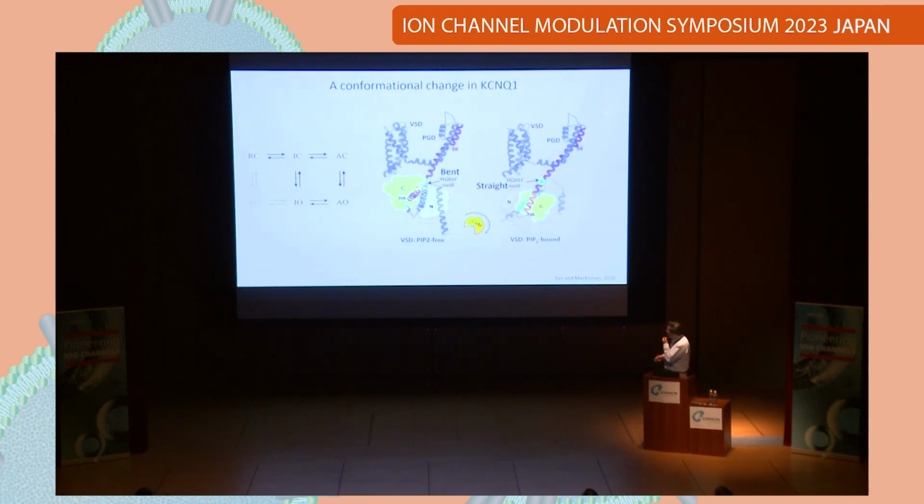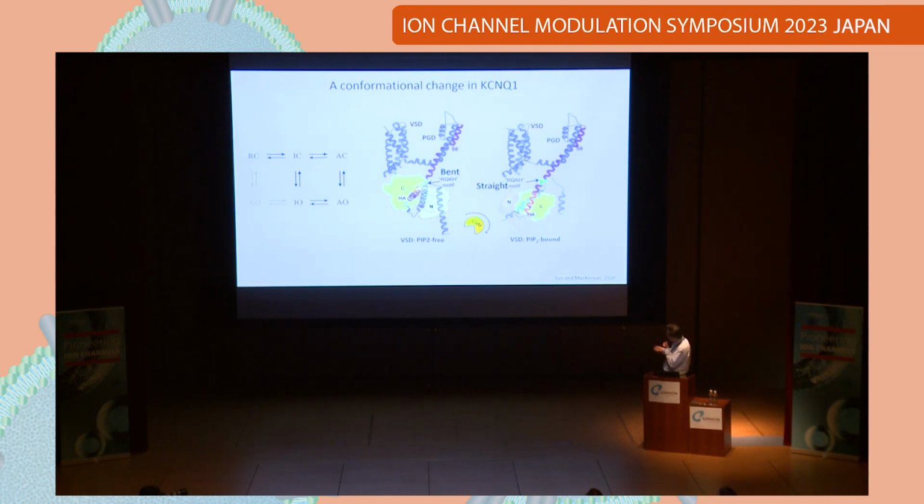All right, now, what does happen to the channel from the intermediate state to the activated state? What is the structural basis for those? Okay, so right around 2020, Jisun and Rod MacKinnon solved the cryo-EM structure of KCNQ1 in the absence of PIP2 and in the presence of PIP2.